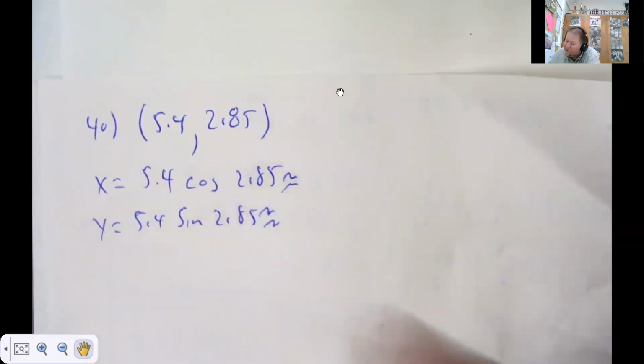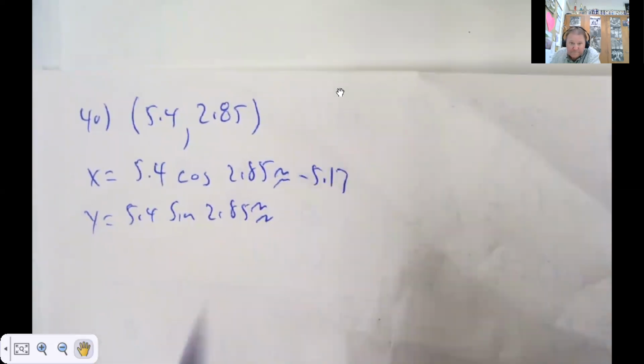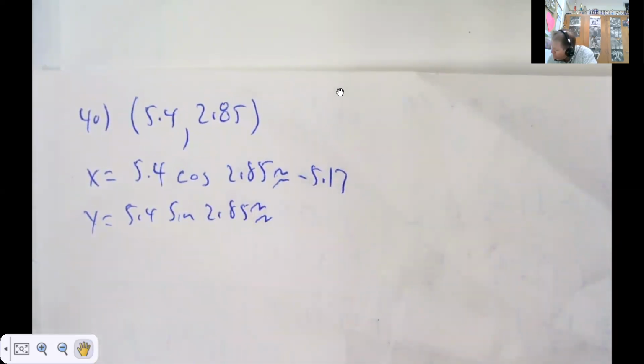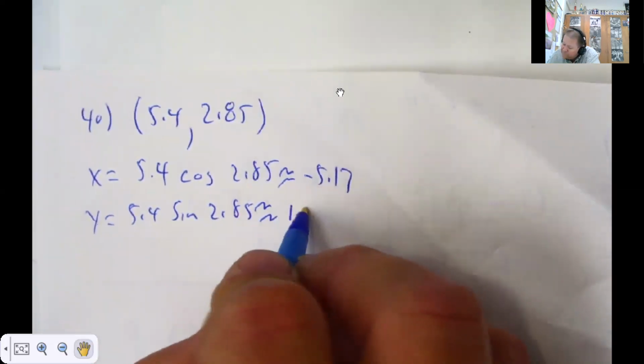I'm just going to use my calculator, make sure I'm in radian mode. 5.4 times the cosine of 2.85 radians. Negative 5.17 about, and I got 5.4 times the sine of 2.85 radians, and I'm getting 1.55.